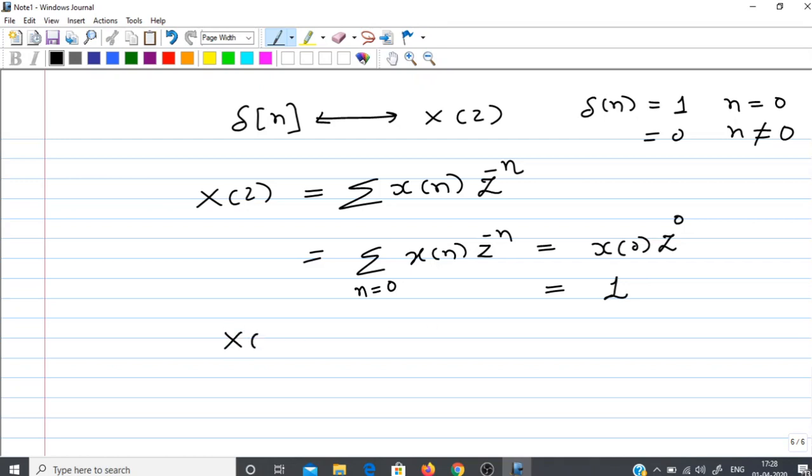So the Z transform of the Kronecker impulse or unit impulse is 1. Now if I ask what is the ROC, 1 will remain 1 forever. It doesn't depend on R. So the answer is the ROC is the entire Z plane. For all values of Z, this X(z) is 1. So this is the only sequence for which the ROC is the entire Z plane.